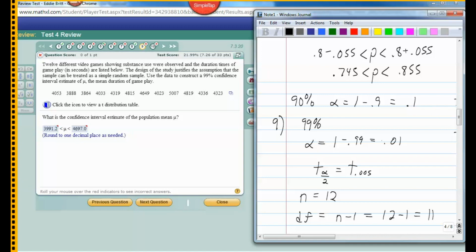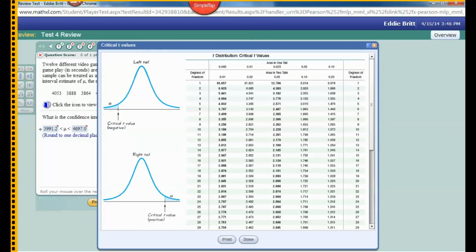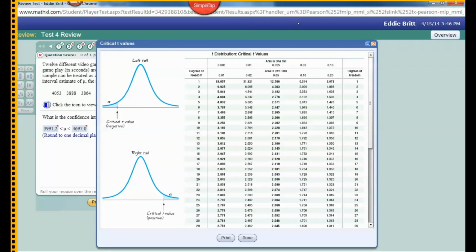So let's pull up the table. 0.01 in 2 tails, or 0.005 in 1 tail, that's our column. That's because we had a 99% confidence interval, and the alpha is 1 minus 0.99, so alpha would be 0.01, which is the area in 2 tails. Divide that by 2, you get the area in 1 tail.